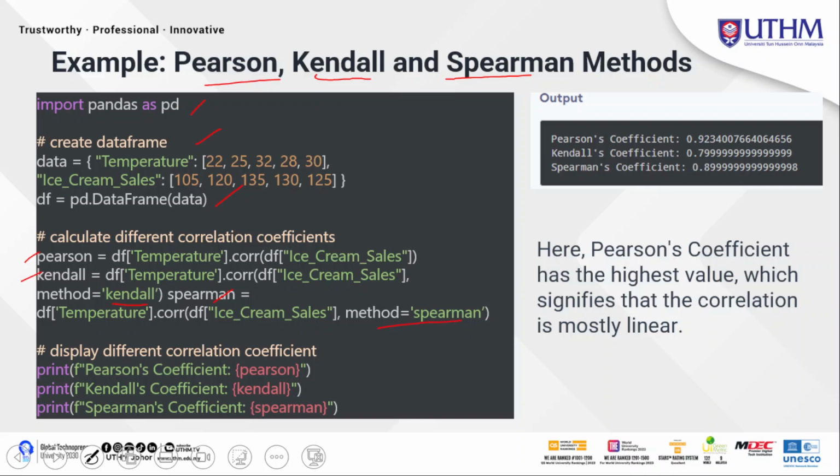Spearman they mentioned the Spearman method. So your final output is printed, and you can see. So this is your final output, and it shows that the Pearson coefficient is the highest value, which signifies that the correlation is mostly linear. Okay, linear means you know, right? The line is a linear line. Okay, that is what they try to say here.